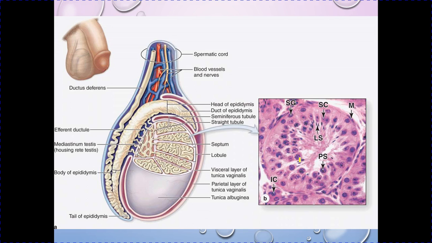This is a cut section of a seminiferous tubule having spermatogenic cells and the Sertoli cells.